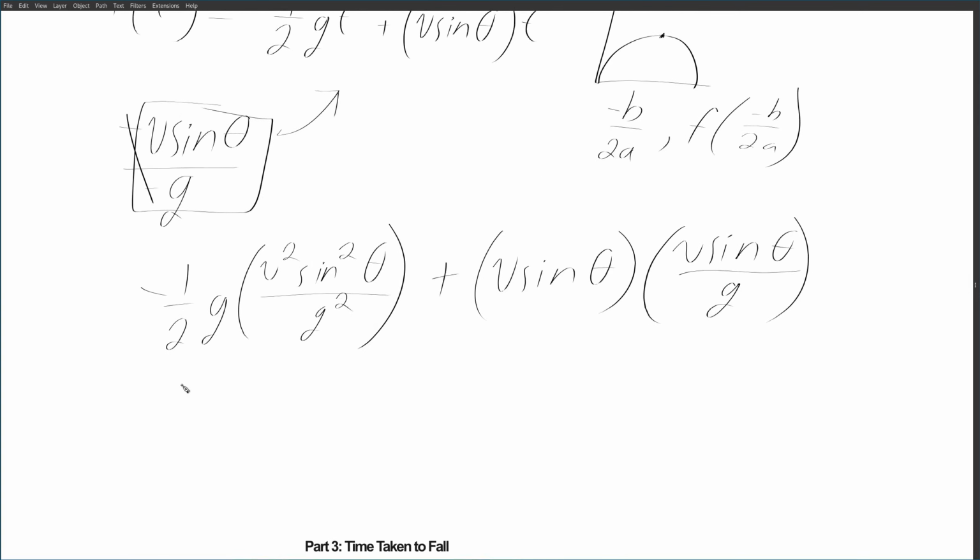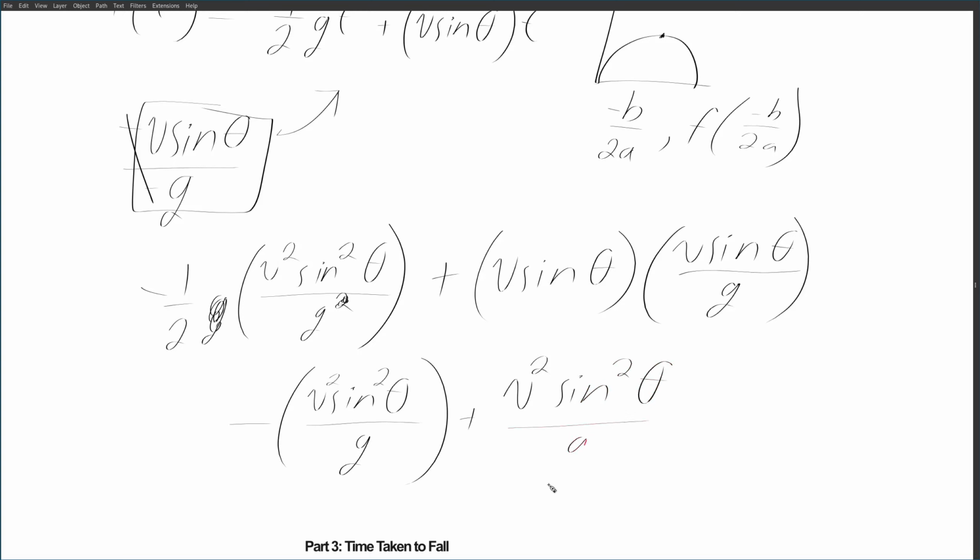What's going to happen here is that a g cancels, so we have negative v squared sine squared theta divided by g plus v squared sine squared theta divided by g as well.